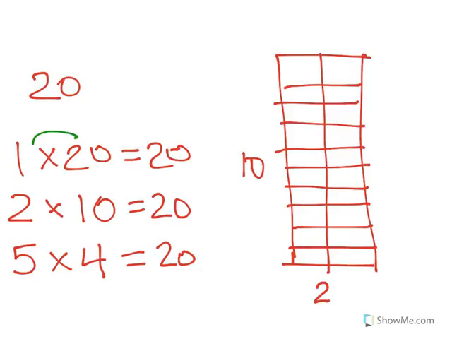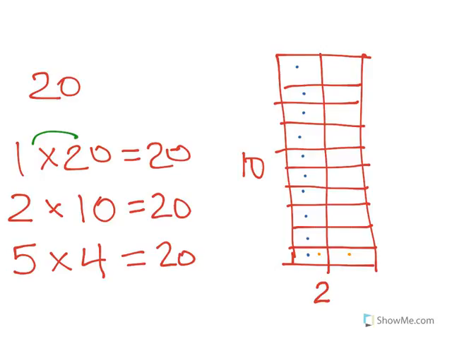So if we count up, it goes 1, 2, 3, 4, 5, 6, 7, 8, 9, 10. And if you count them all up, that's going to equal 20. So that's one way of making it.